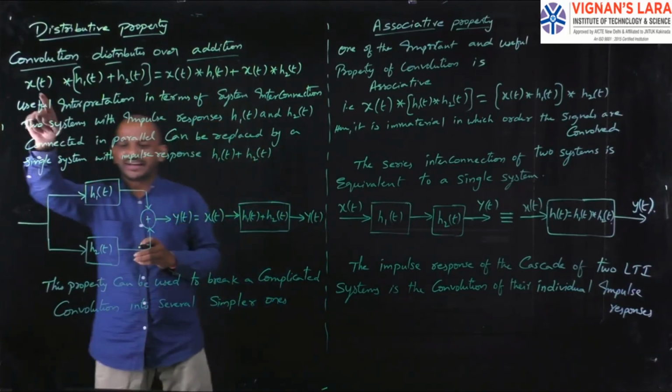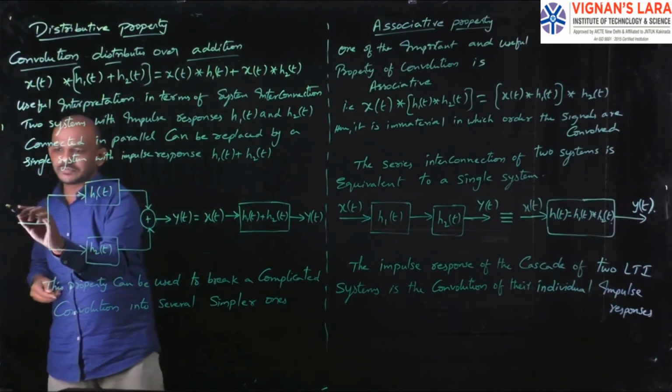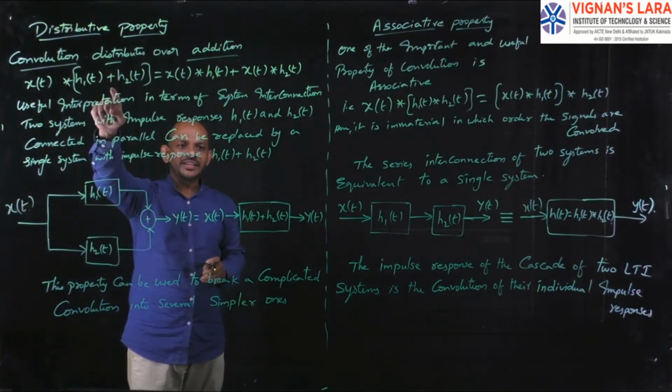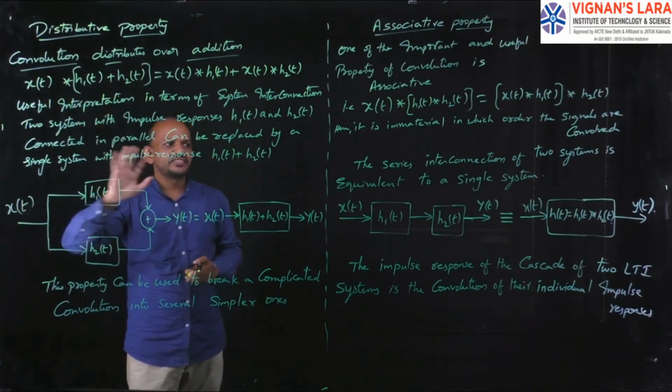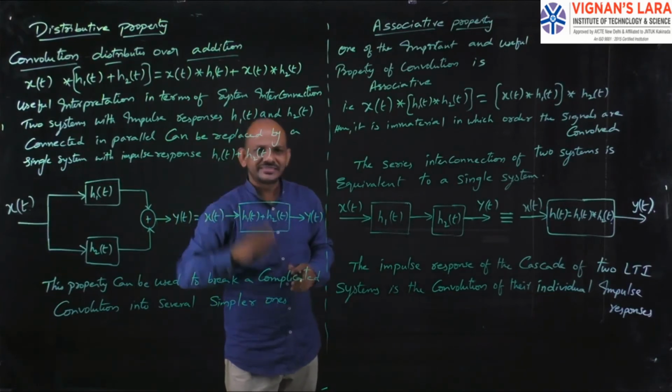See here, x of t is the input signal. h1 of t is the impulse response of the first system, and h2 of t is the impulse response of the second system.